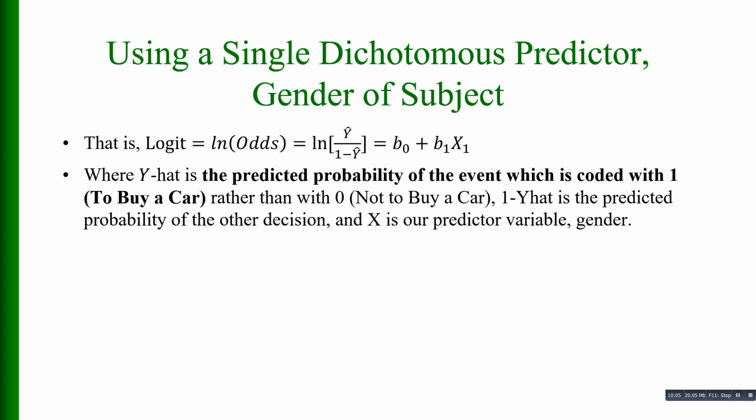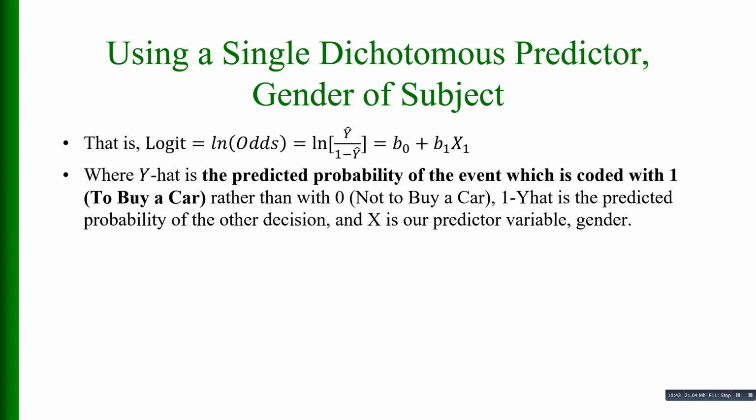So the logistic regression equation basically estimates the logit or the log of odds, and that is equal to the natural log of the estimated probability that the person will buy a car to the probability that the person will not buy a car, and that can be written as a linear function of x1, where y hat is the predicted probability of the event, which is coded with 1, and that indicates to buy a car, rather than 0, which means not to buy a car.